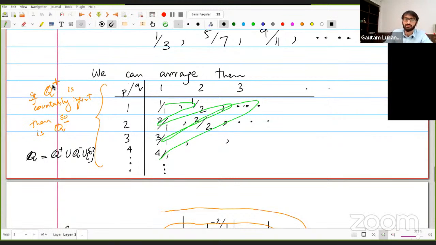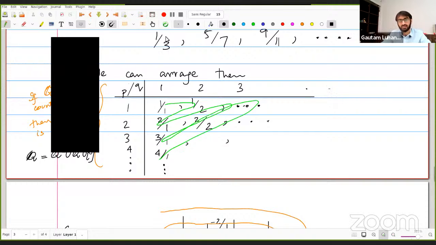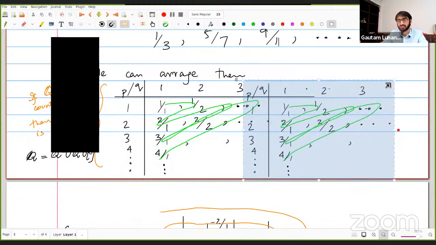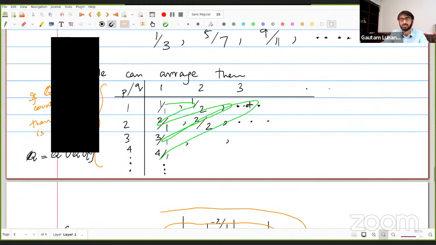Exactly. So if you can find a way to count even one of them, you found a way to count their union as well. Because let's say you found a way to count them, and I draw an exact replica of this same table and just put it right here, a smaller version.